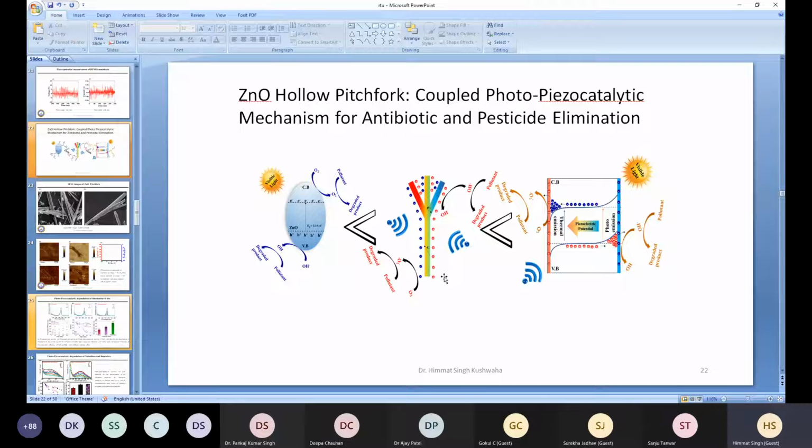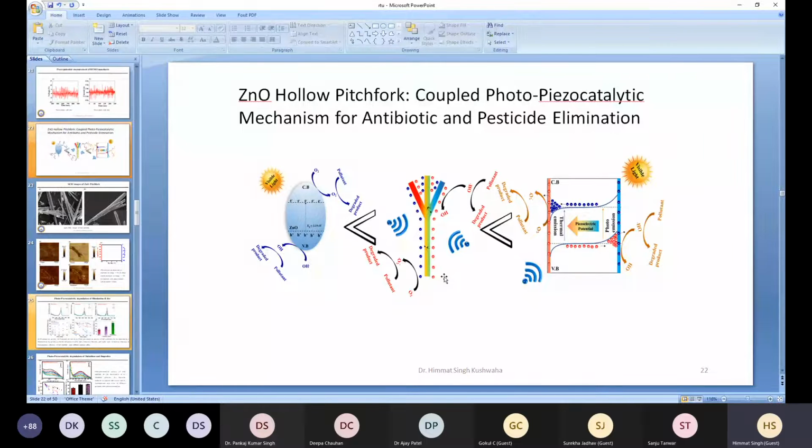Another one is using these ZnO hollow structures, and in this work we coupled the photocatalytic process with this piezocatalytic process, as ZnO is a material which has a significant band gap to act under light irradiation, and it has piezoelectric properties also.